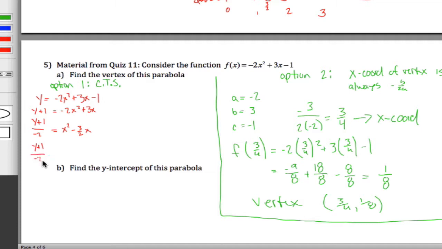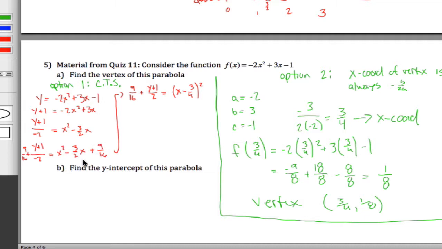So if I add 9/16 to both sides of the equation, what I'm left with is a perfect square on the right-hand side. Oops, I forgot to write the 9/16 over here. Specifically, I have 9/16 plus y plus 1 over 2 is equal to x minus 3/4 squared.